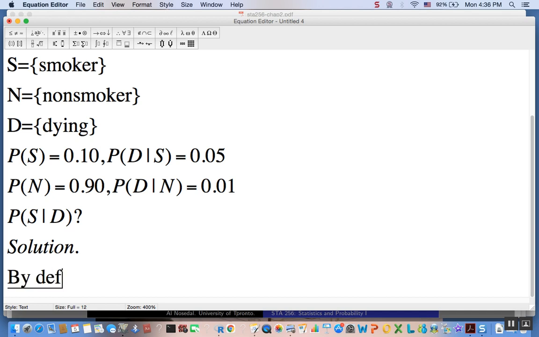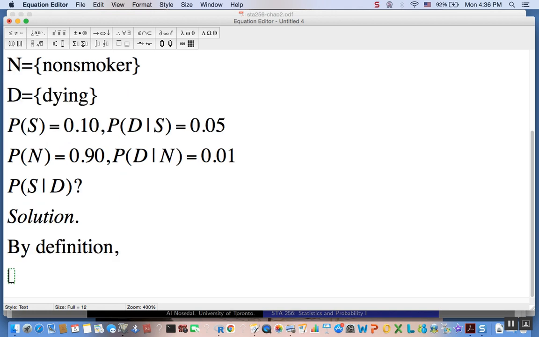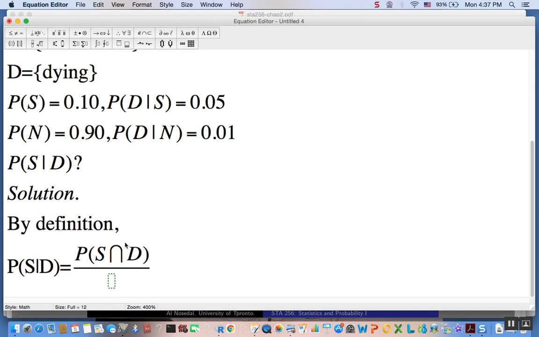So by definition, probability of S given D equals probability of S and D divided by the probability of D. Makes sense?